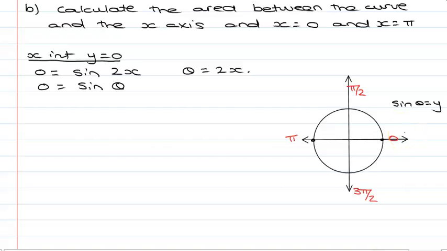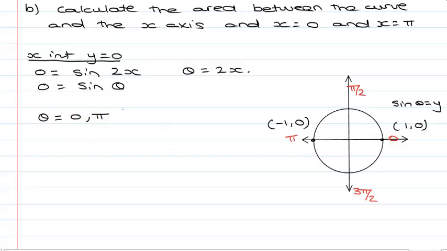This coordinate here, at this point, is (1, 0). This coordinate here, at pi, is (-1, 0). We can see that at the angle 0 and at the angle pi, the y coordinate is 0. Therefore, our solutions are theta equals 0 and pi.